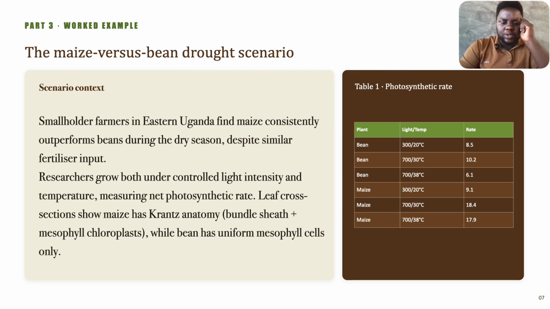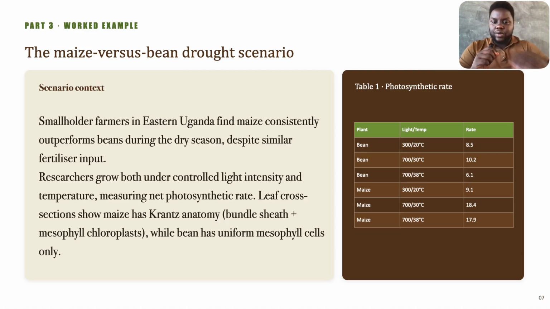Why would researchers specifically vary temperature if temperature was not expected to matter? Because we know that high temperature plus light intensity is exactly the condition where C4 plants have a higher advantage over C3 plants, if you remember topic 2. The experimental design is already hinting at the answers you're supposed to be writing.